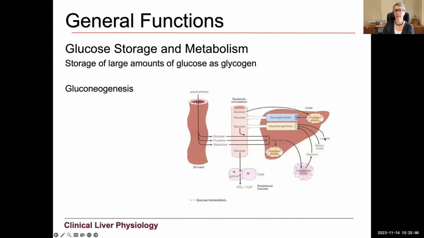So we can take lactate, amino acids, glycerol, put them in the hepatocytes, and then produce actual glucose out of that. And we call that gluconeogenesis. So the liver plays a really important role in those two metabolism functions. So now think about all the things that can go wrong if a patient has liver disease.